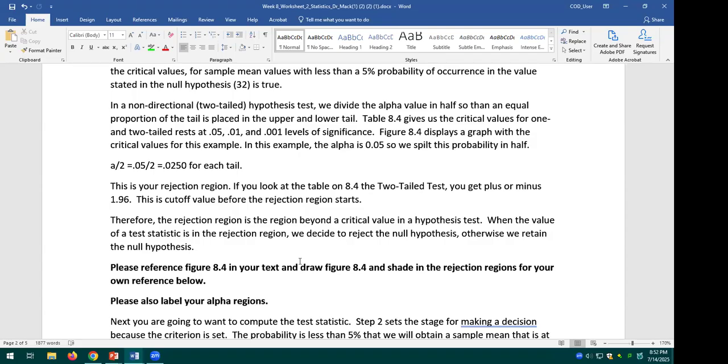Then we do z obtained value against the z statistic, mean minus mean over the standard error of the mean. Well, we can plug that in because we already have it. So 0.17, and that was general intelligence.